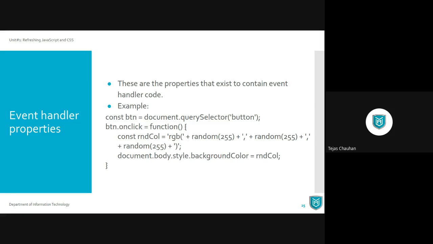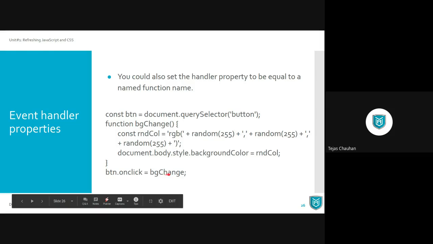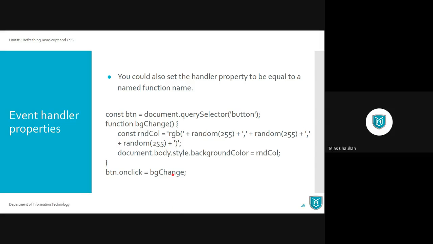But let's say you have a set of statements and you want to apply those statements in multiple places. Then instead of going for an anonymous function, we go for a named function, and then we use this name wherever we want, so that we can use this function at multiple places, right?